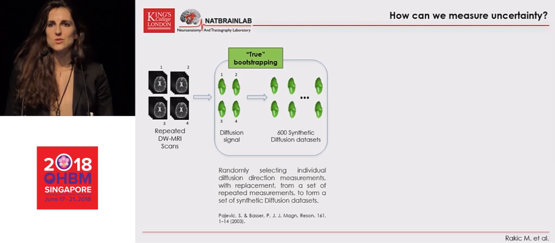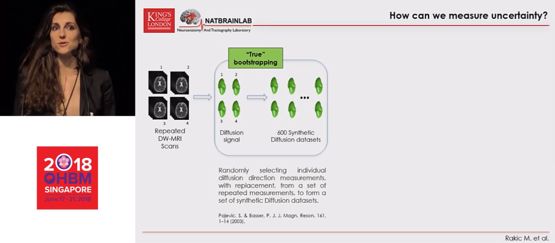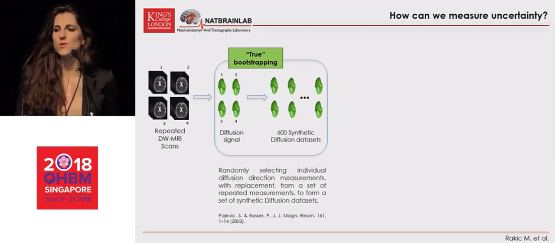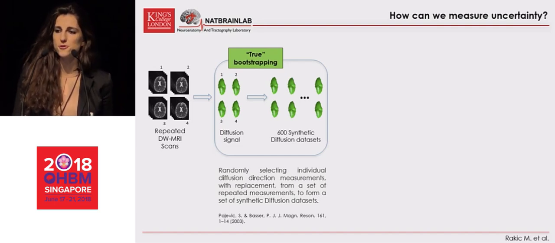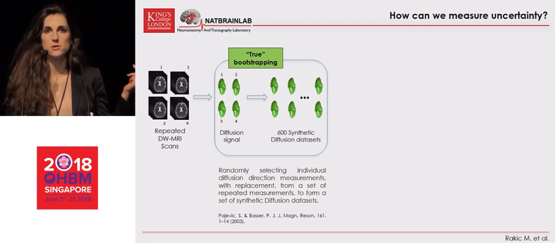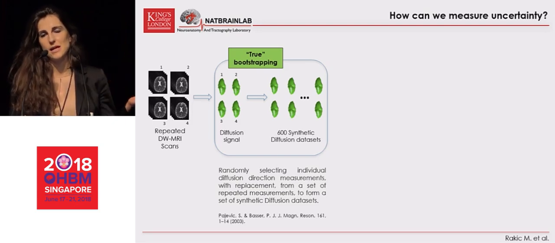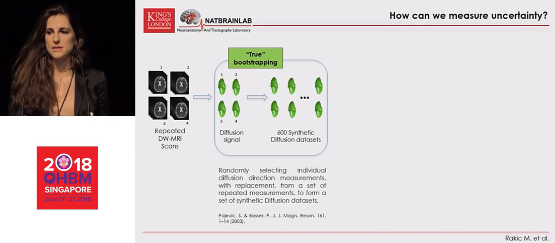One way is to use the most conventional, so-called true bootstrapping approach, where you acquire repeated diffusion MRI data sets, and you acquire the diffusion signal. These little green shapes are how the diffusion signal would look in 3D space.